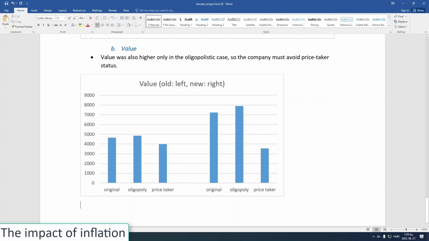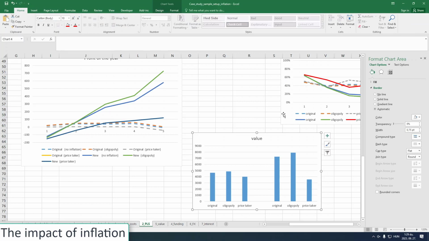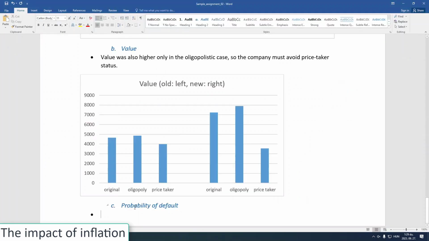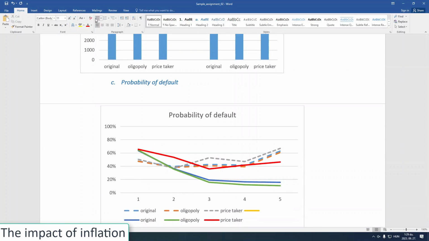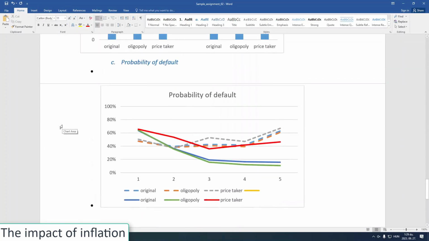And the last thing, probability of default. The price taker scenario.